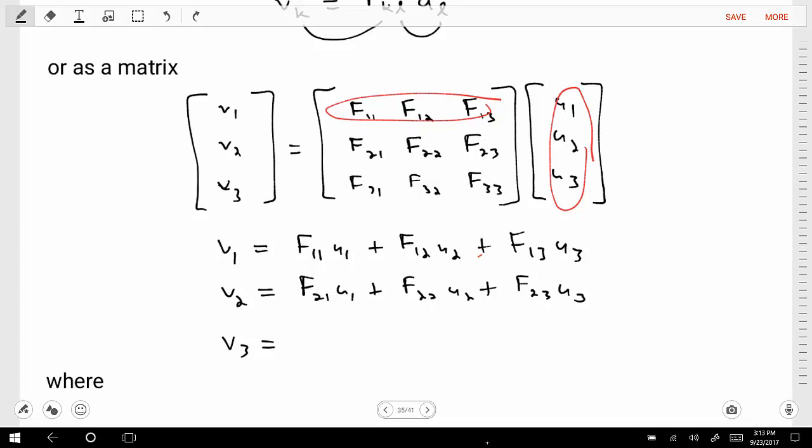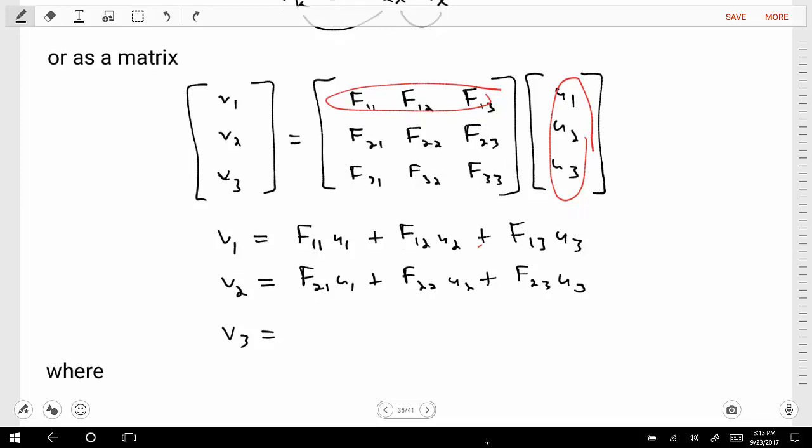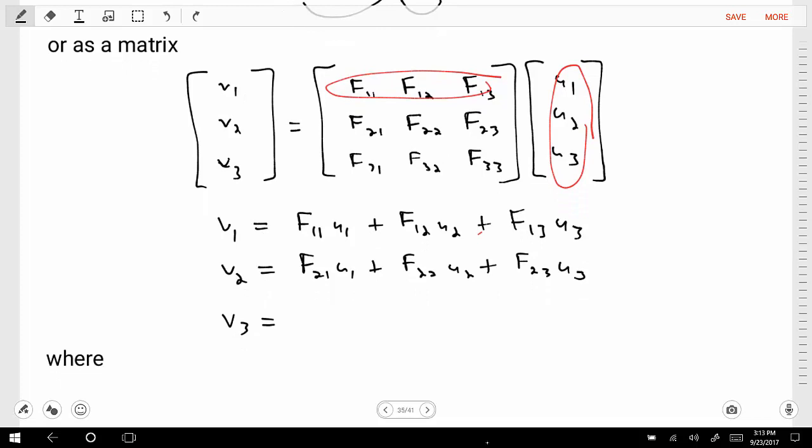So we're doing that summation property by identifying the dummy variable. Let's get this last one, F31 u1 plus F32 u2 plus F33 u3. And now we actually have the three equations, which are the three components of this vector v.